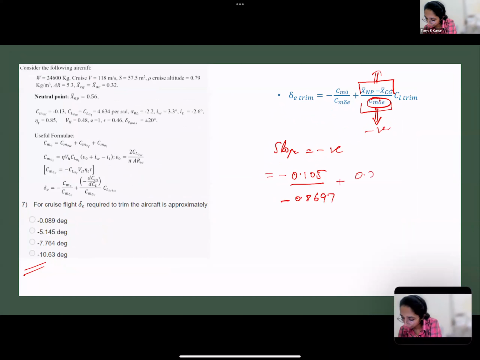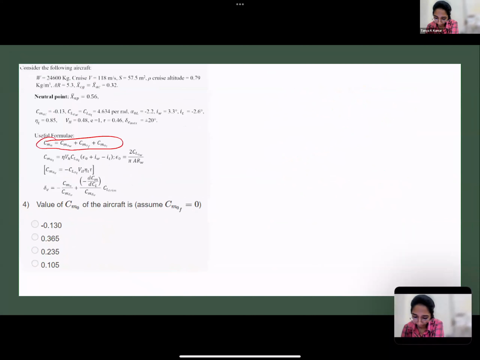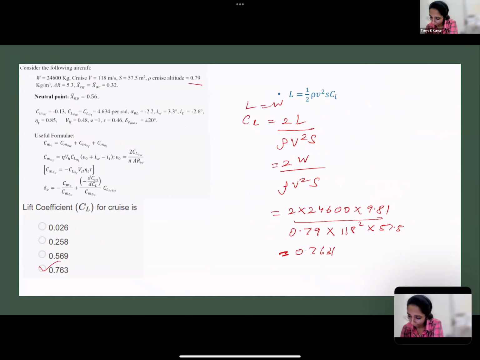Static margin was 0.24, divided by minus 0.8697. With CL trim, which we found in the first question, it's 0.763.